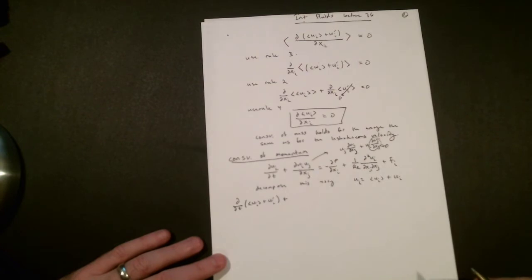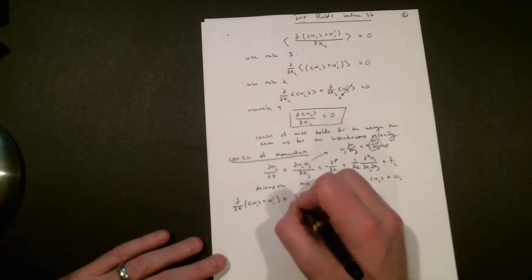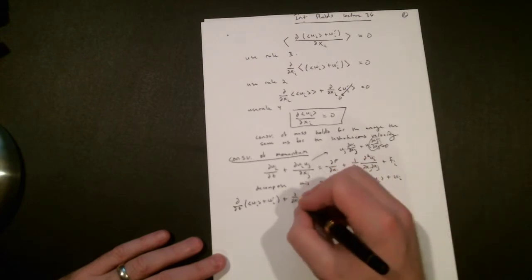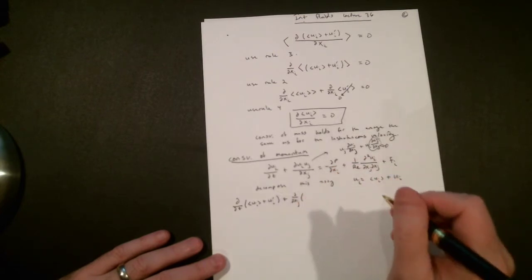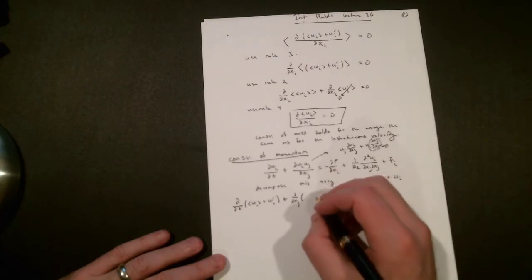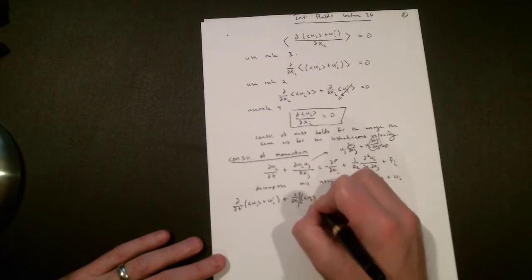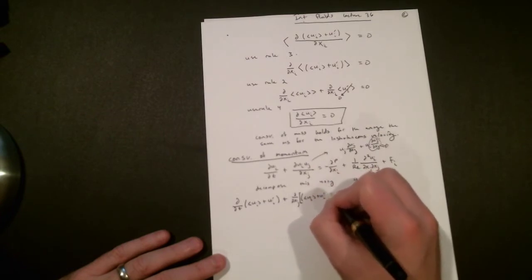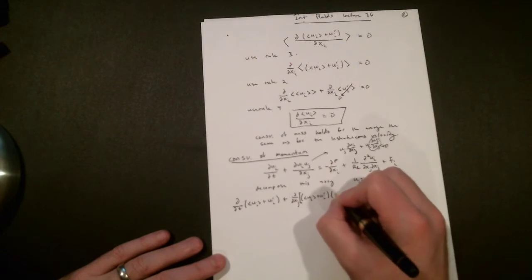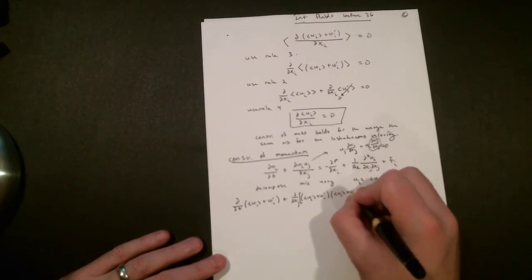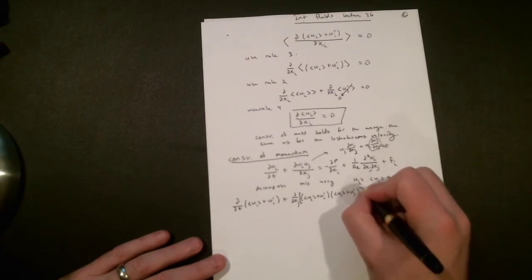plus we'll now have our nonlinear terms. This will be ∂/∂xj times, and now here we'll have two different terms. Let's do a square bracket around that: the ensemble of ui plus ui prime, times the ensemble of uj plus uj prime.